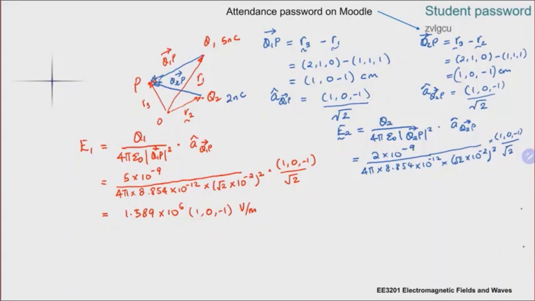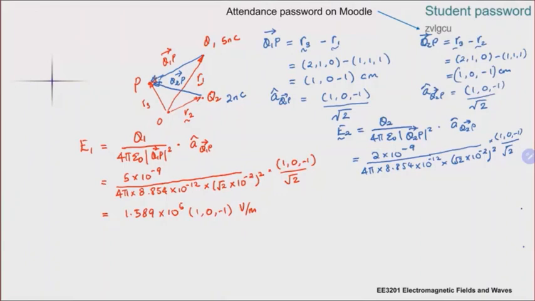No, actually there is an error here. No one spotted it. So our Q2P is not (1, 0, -1).